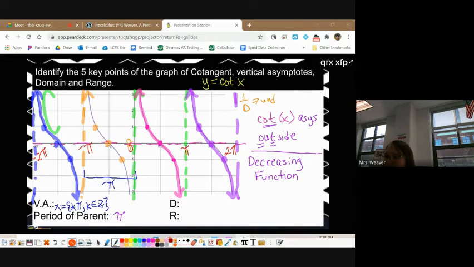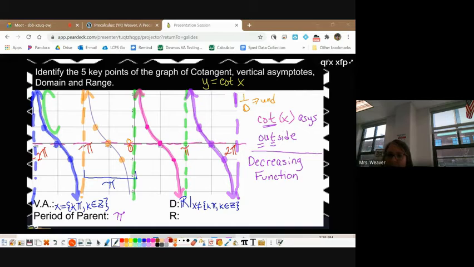Once we've defined our vertical asymptotes, then it's so easy to find the domain. It's going to be all real numbers because it keeps going forever and ever in both directions, such that x does not equal, the only real numbers that aren't included are where we have the asymptotes. So those asymptotes happen at the set of all k pi, where k is an element of the integers.